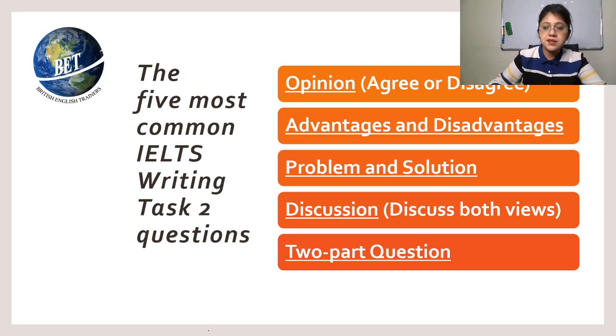The next one is discussion, discuss both the views. Under discuss both the views, you could have an opinion with a very direct question again, discuss both the views and give your opinion. Now, these are the three types: agree or disagree, advantages and disadvantages, and discussion, where the opinion is quite direct and you could get a question which asks you for your opinion.